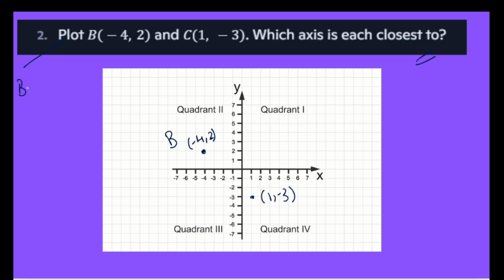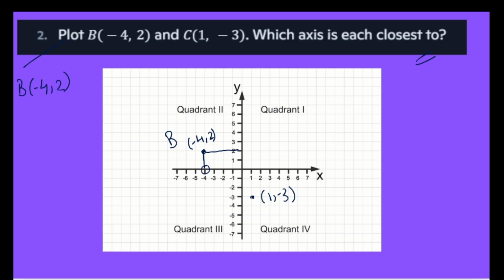So B is (-4, 2). When we are plotting this point, we go left 4 units and up 2 units.